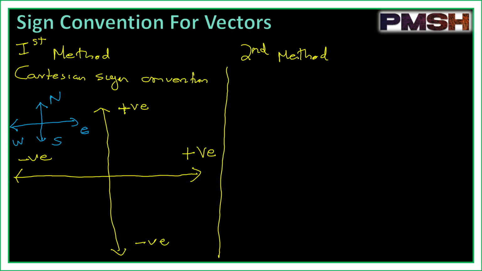Okay, so in the second method, the direction in which the body is traveling will be taken as positive, and opposite to that direction will be taken as negative.